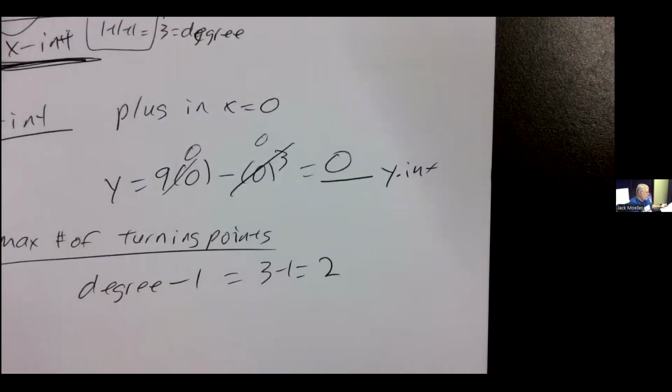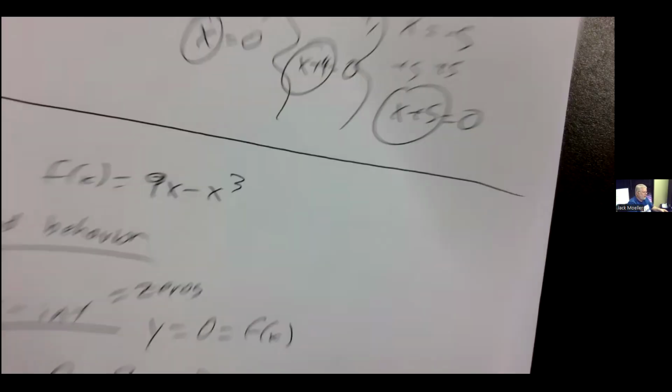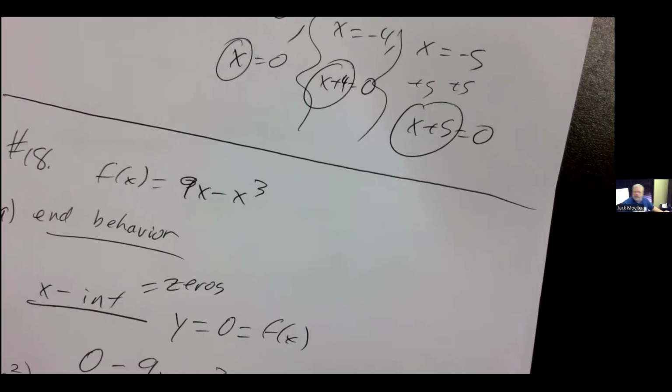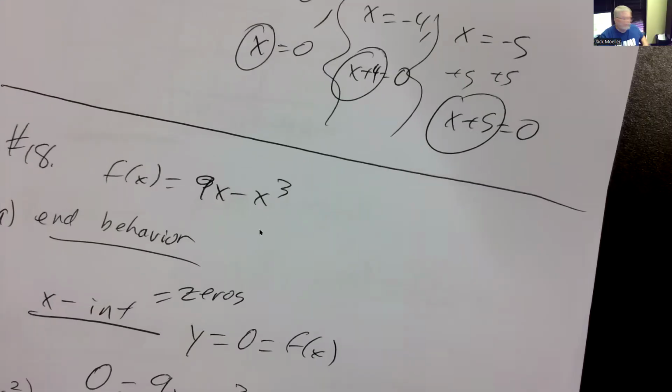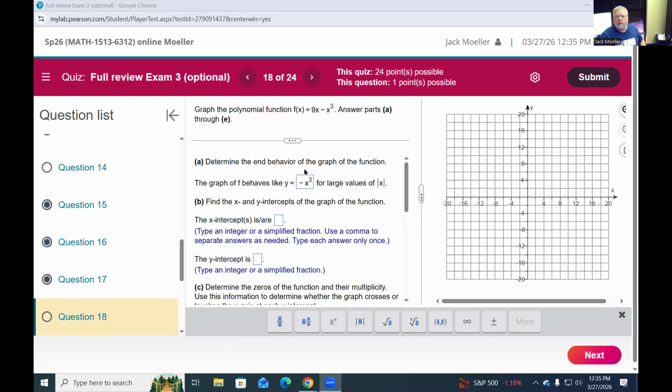Okay. So let's put all this information into MATLAB and see how we're going to graph it. We already talked about the end behavior. It's going to act like negative x cubed.